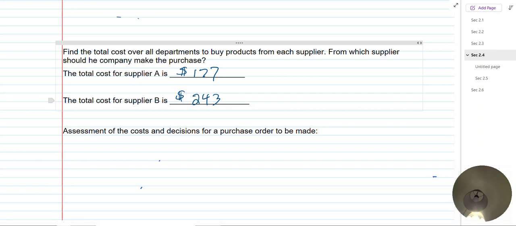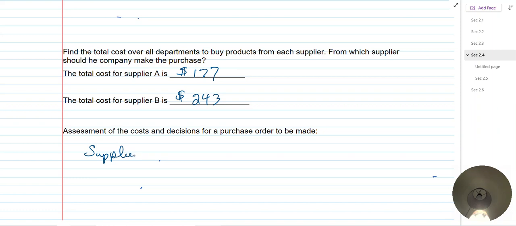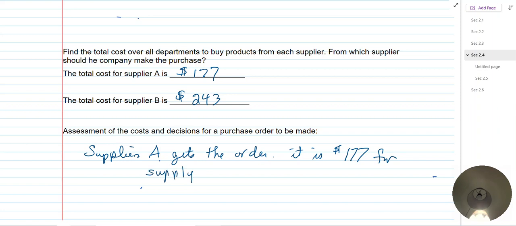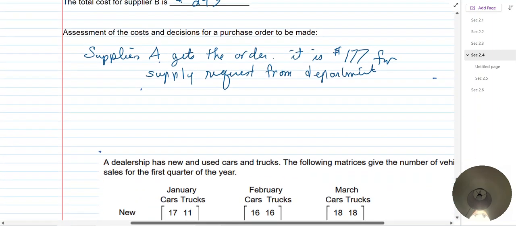Well, in this case, the first supplier, or A, from the departments. All right, so there you have it.